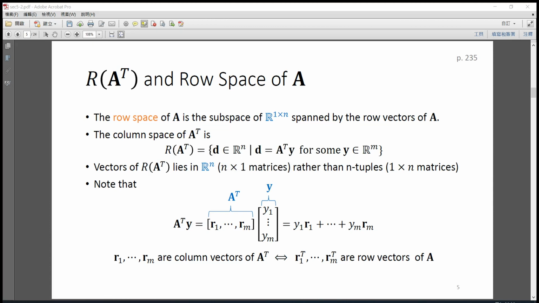In this slide, we revisit the definition of the row space of A and the column space of A transpose.